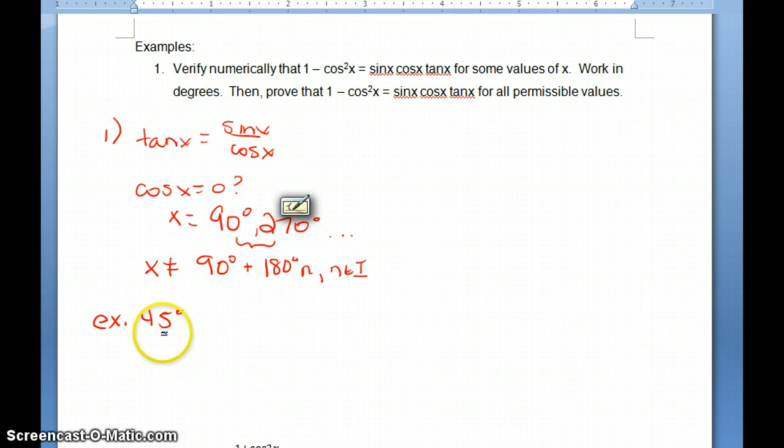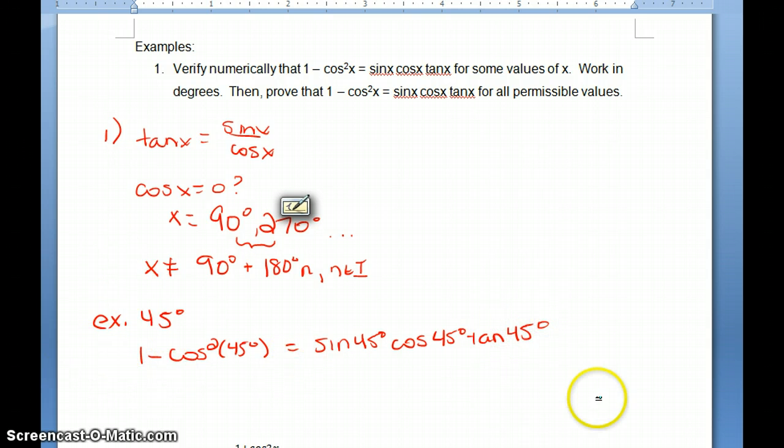And you're going to substitute in 45 degrees every time you see x. So here we have 1 minus cosine squared of 45 degrees is equal to the sine of 45 degrees times the cosine of 45 degrees times the tan of 45 degrees.